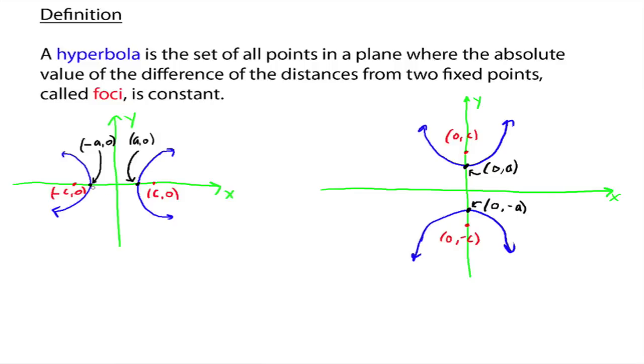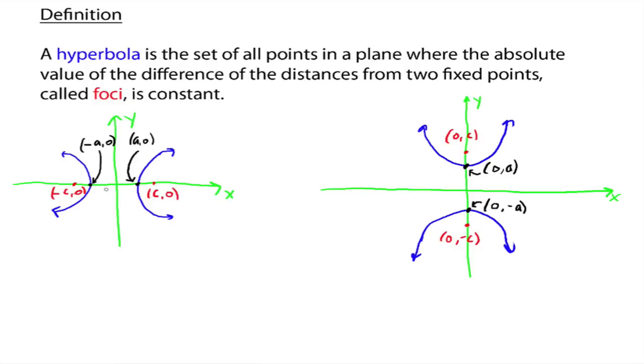The vertices of the hyperbola are these two spots right here. For the hyperbola with a horizontal transverse axis, the vertices are located here and here. For the hyperbola with a vertical transverse axis, they're here and here. The foci are inside each part.